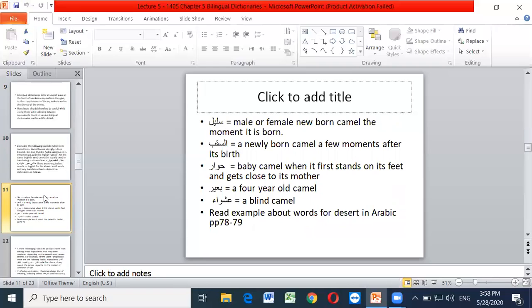So in order to translate these camel lexis, or these camel words, you will have to give a definition. Really, you cannot just translate it as the word camel. Read also the example about words for desert in Arabic and translation problems, bottom of page 78 and page 79.